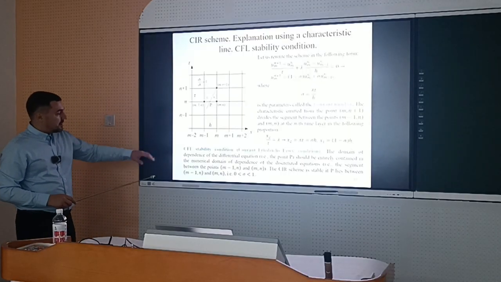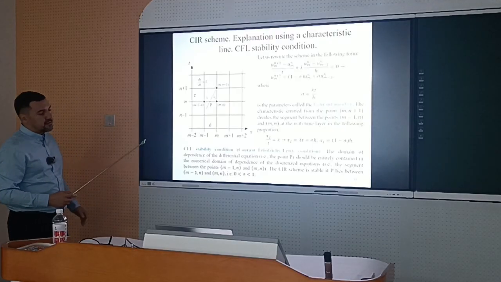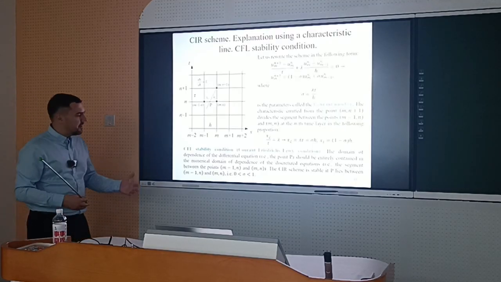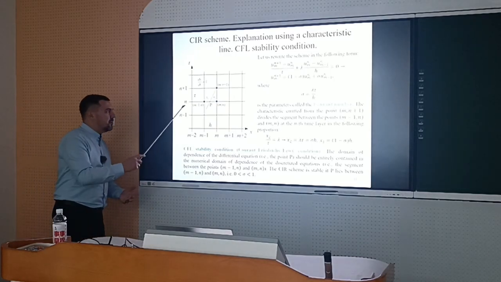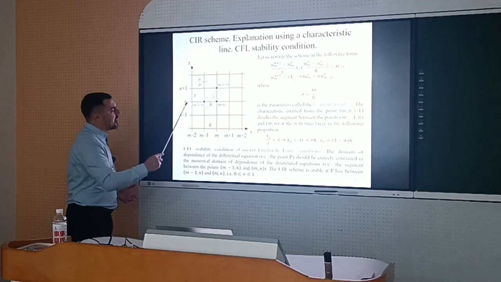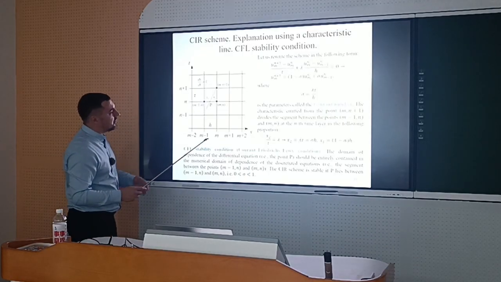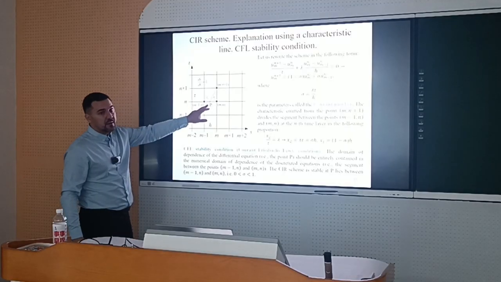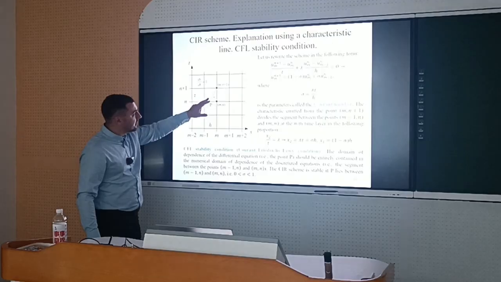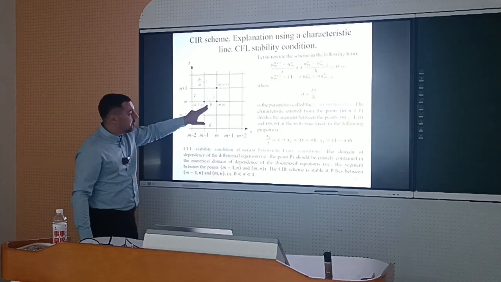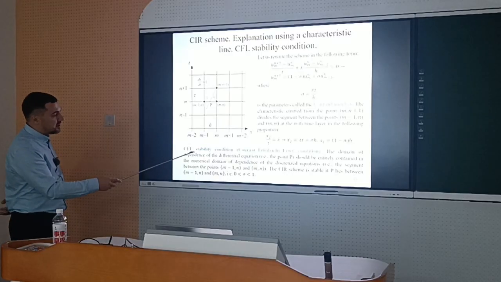So what does the CFL stability condition mean? There is a concept of the domain of dependence of the differential equation: which points at the nth time layer affect our solution. In fact, for our linear advection equation, it's just one point P, because the solution at point P is equal to the solution at this point. So P is the domain of dependence of the differential equation.